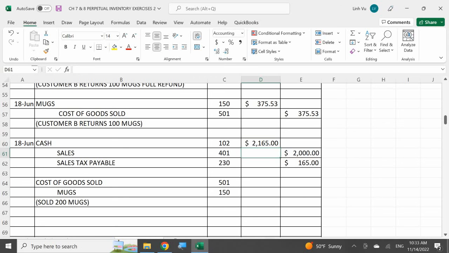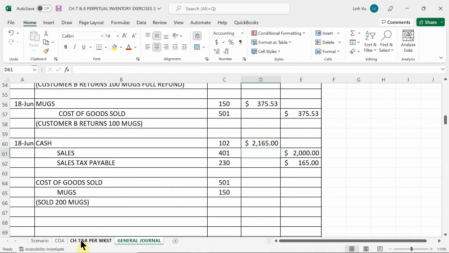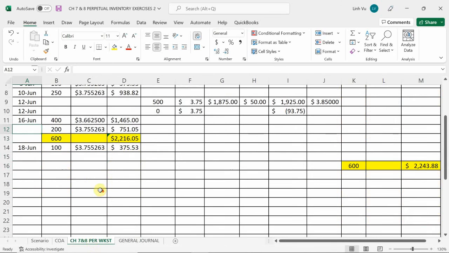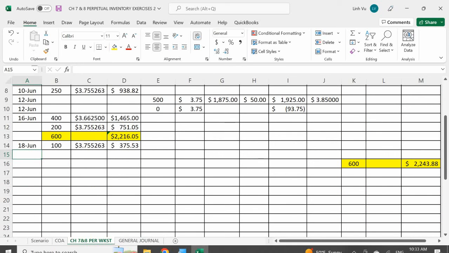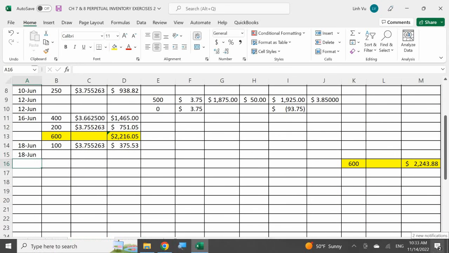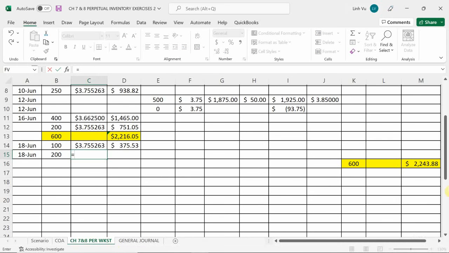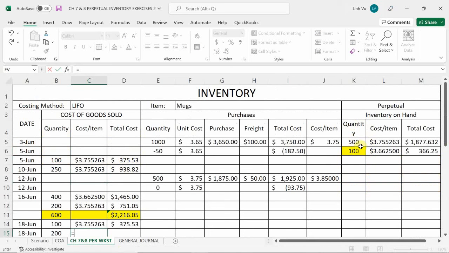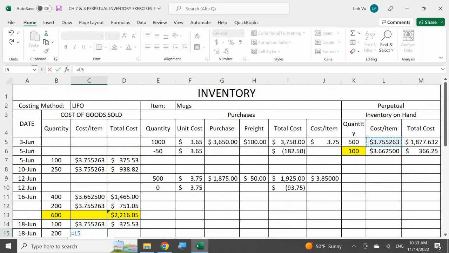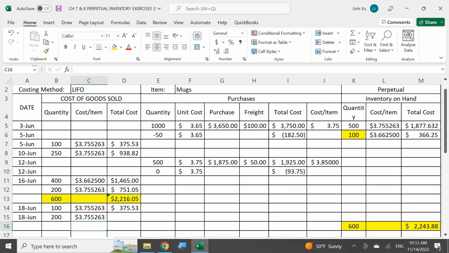Okay. Then we need to calculate our total cost of goods sold now to sell those 200 units. So it's the 18. We sold 200 units. Since I only have technically one batch of inventory left, it's going to cost me at $3.75526.